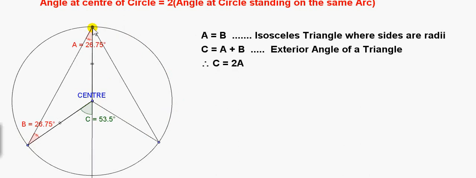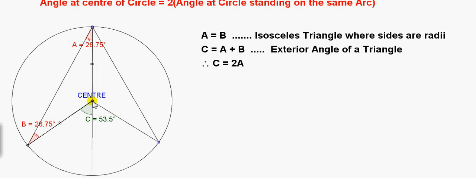We draw a line from the point on the circle here through the center, and we note this angle here which we call C. This angle C is an exterior angle of this triangle. Now this triangle here is an isosceles triangle because the distance from the center to this point is a radius.